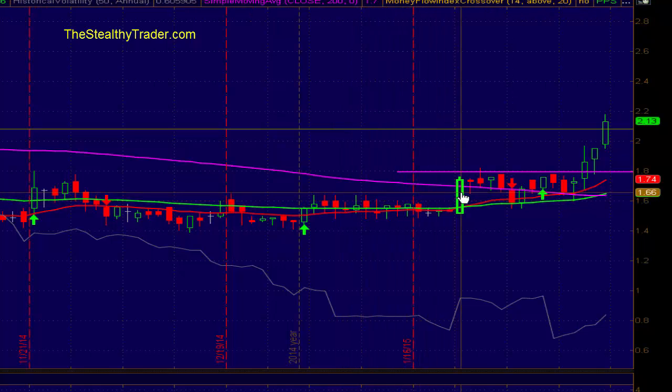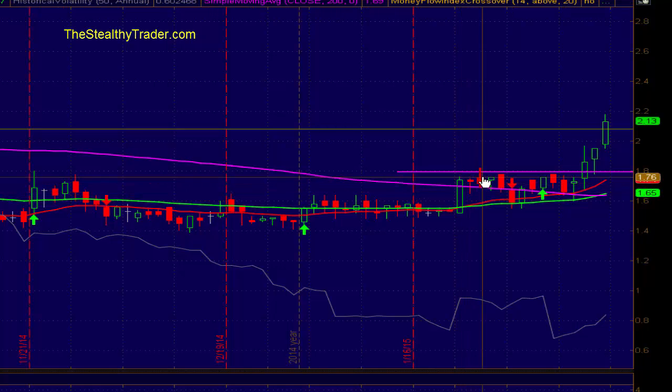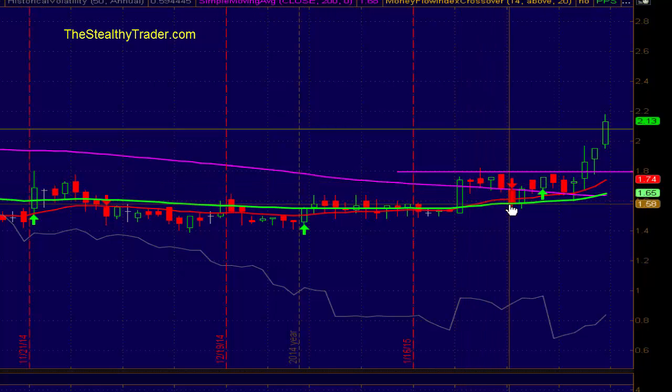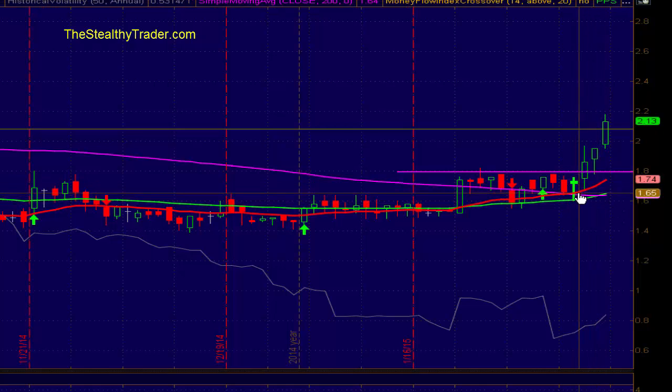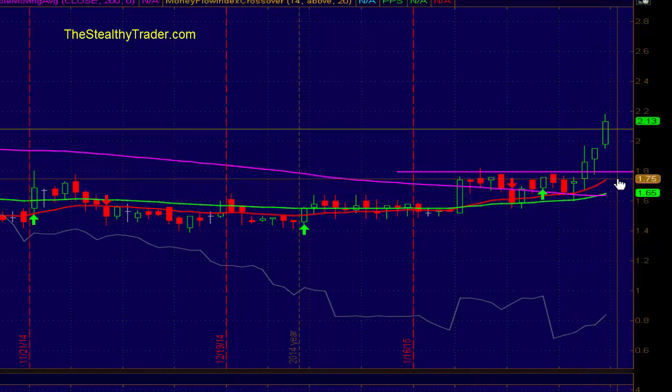And then towards the end of January, it kind of made some noise, pulled back, held the 50-day, which is the green line here. We do look for that. Additionally, the 50 last week crossed the 200 on an upslope, which is encouraging. The 20-day, the red, is on an upslope.